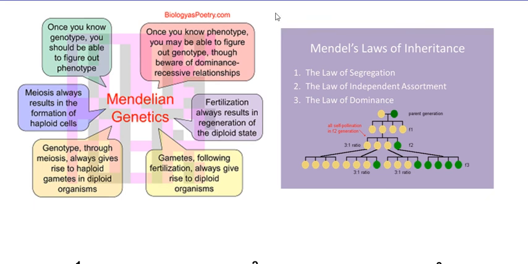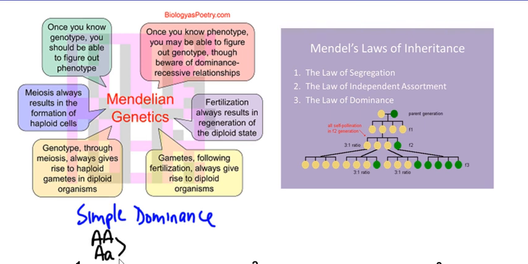And if there's one thing to understand about Mendelian genetics, is we are assuming what's called simple dominance, where these two will show the dominant trait, and then this one will show the recessive trait. So that's what we are assuming when we call simple dominance.